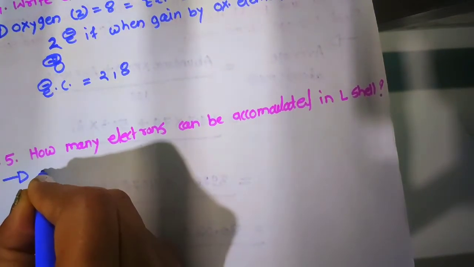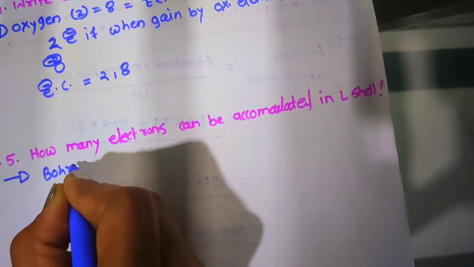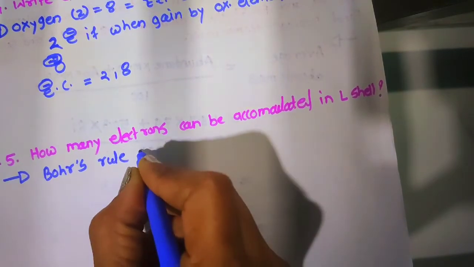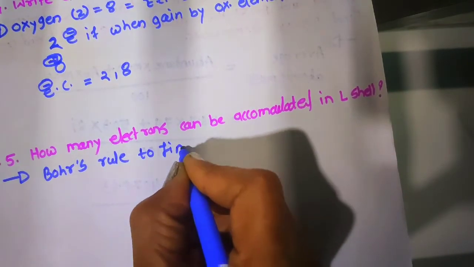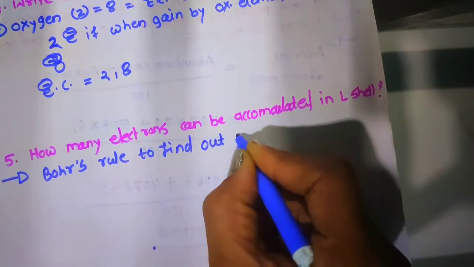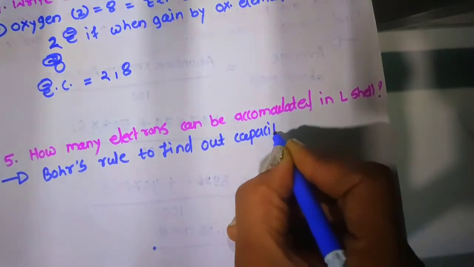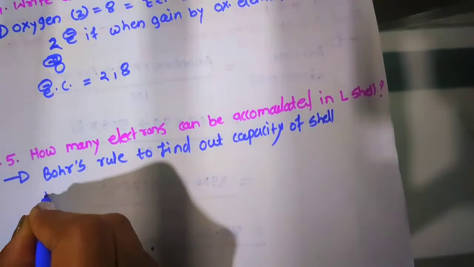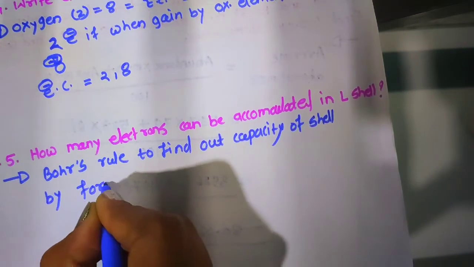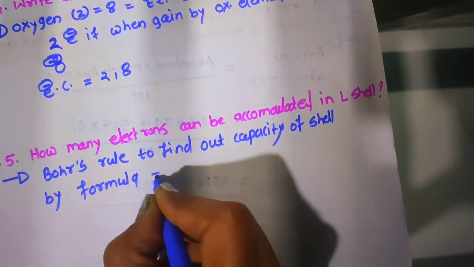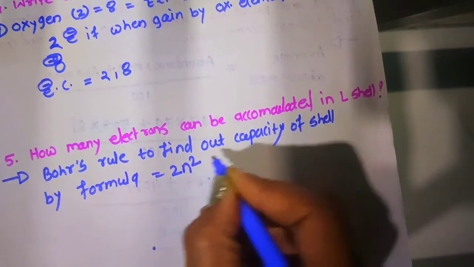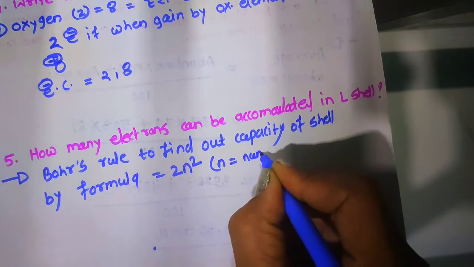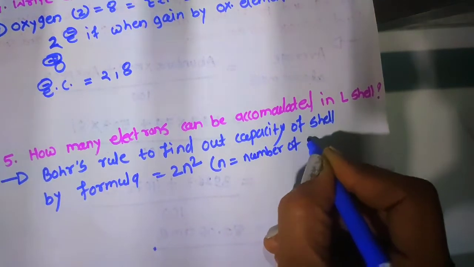You should know Bohr's rule to find out the capacity of a shell by the formula 2n square, where n is equal to the number of the shell.